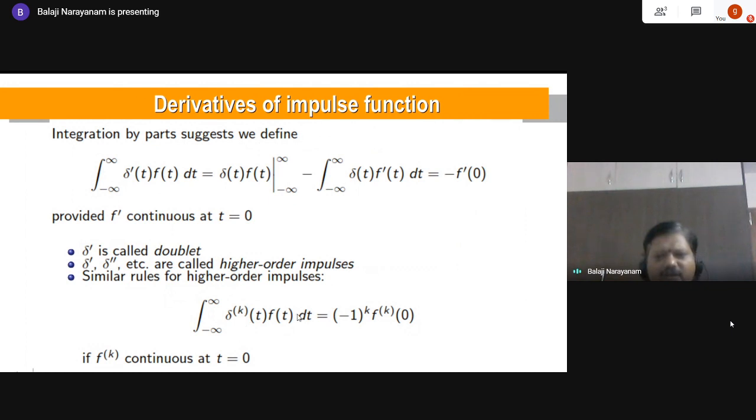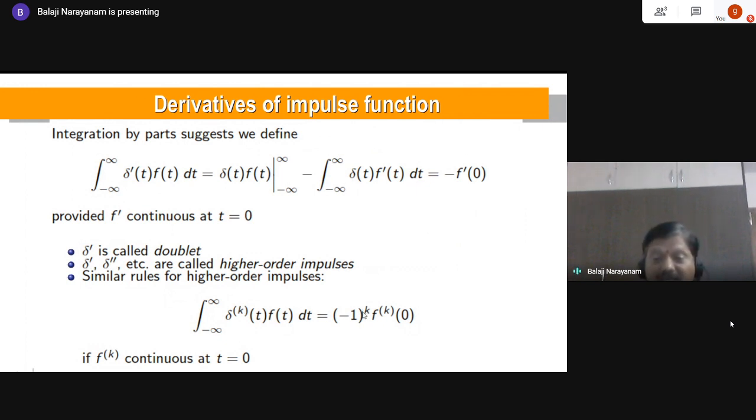As a result, you are going to get minus 1 whole power k, and this is f dash, because here this is the first derivative, here you got 1. If it is the second derivative, f double dash, that is f superscript 2 I am talking about, again f superscript 3 of 0, and so on.